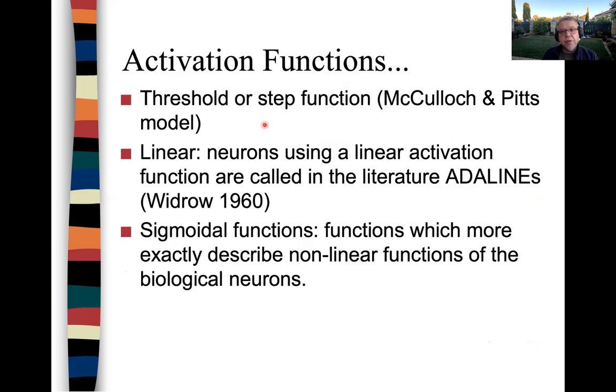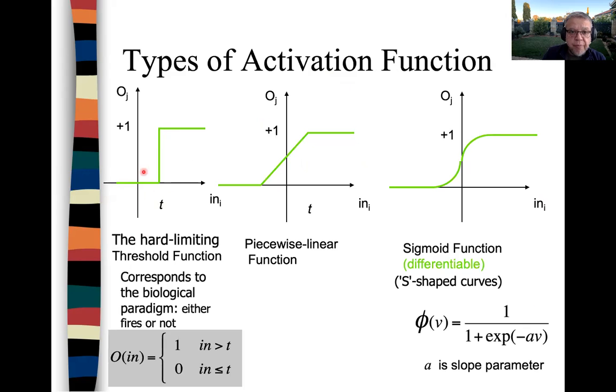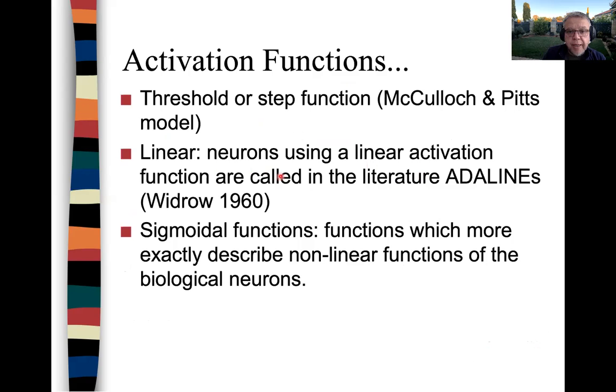Activation functions: the threshold or step function was used by the McCulloch and Pitts model. The linear function was used in the Adaline. Neurons using a linear activation function are called in the literature Adaline, adaptive linear, and they were introduced by Widrow in 1960.